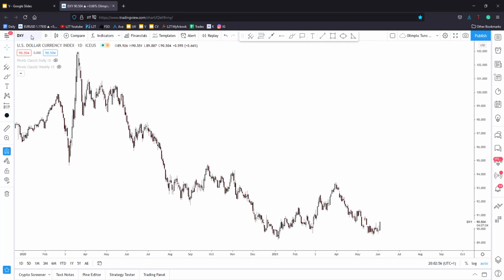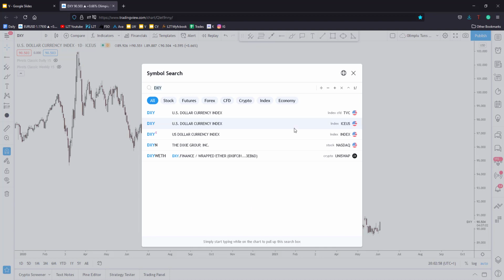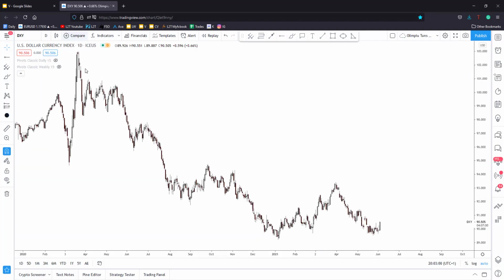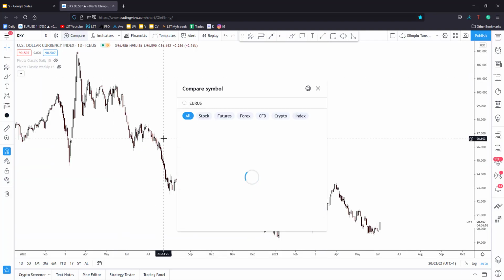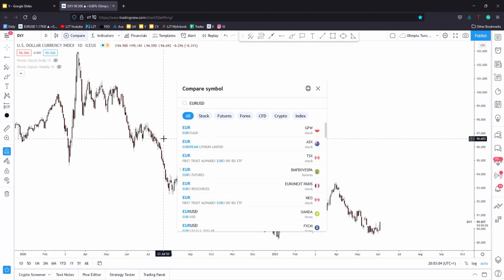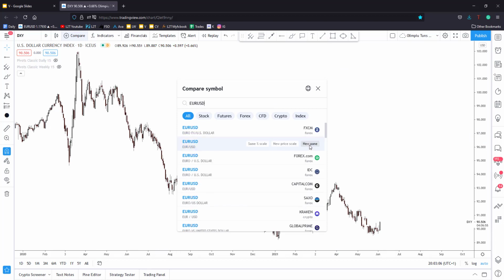So let's take a look again, and let's use also euro versus the US dollar. I want to show you again also this option here. First we use this one.